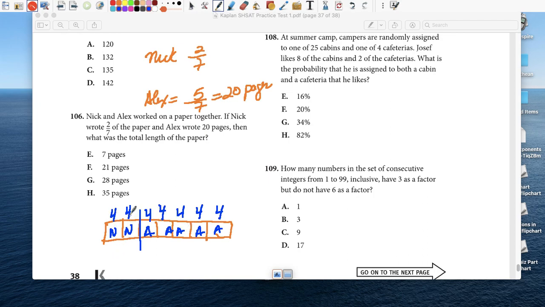So the total here, we have 4 times 7, which is 28. You could have done an equation, so you could have said 5 sevenths of a number, or of x, equals 20, right?